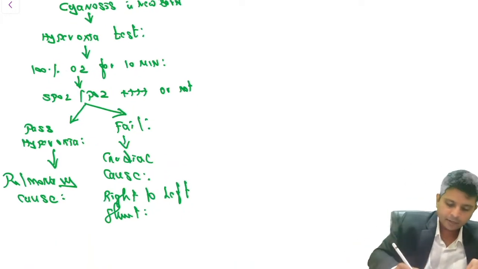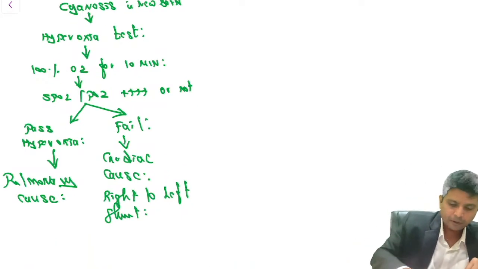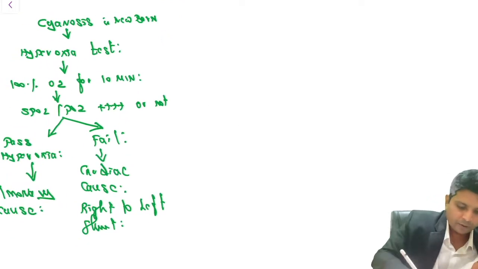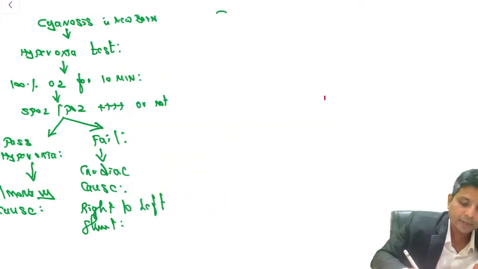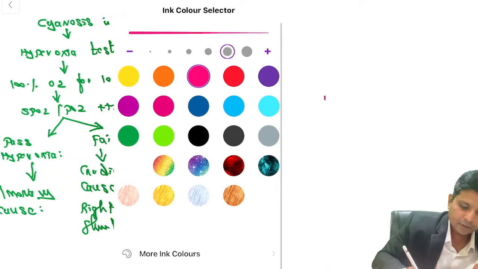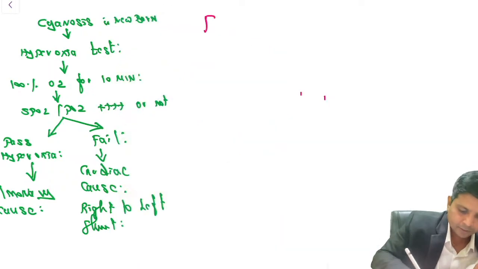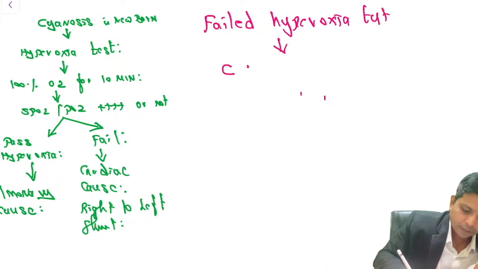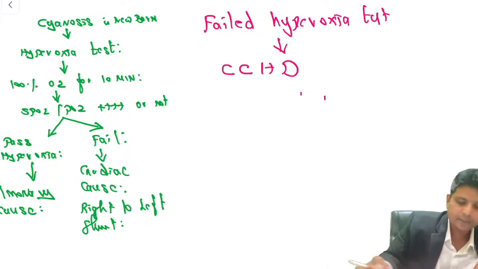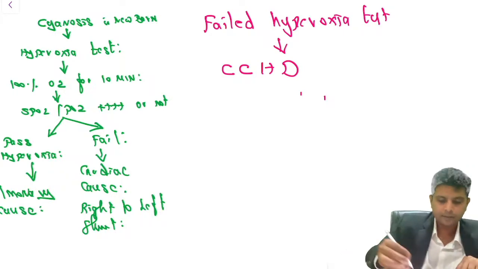Then, when this is a failed hyperoxia test, let me change the color even though my handwriting is bad. A failed hyperoxia test means it is cyanotic congenital heart disease.